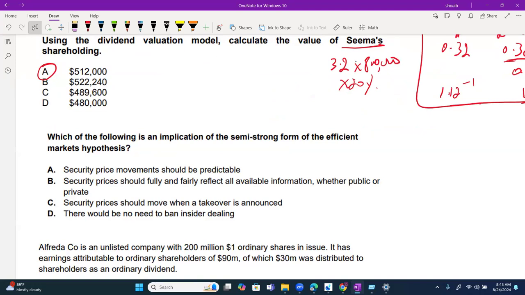Security prices should fully and fairly reflect all available information, whether public or private. No, only public information. Security prices should move when a takeover is announced. When the takeover is announced, prices will move. In a semi-strong market, on the announcement, the market will move. There would be no need to ban insider dealing. Only C is the answer.